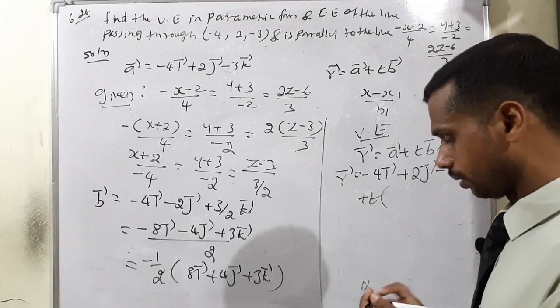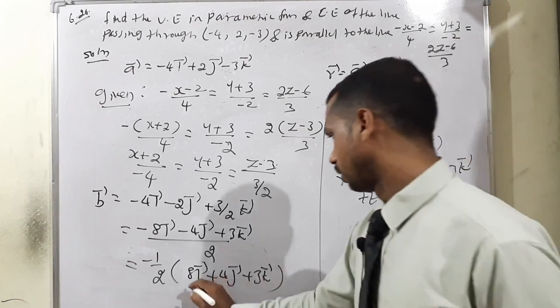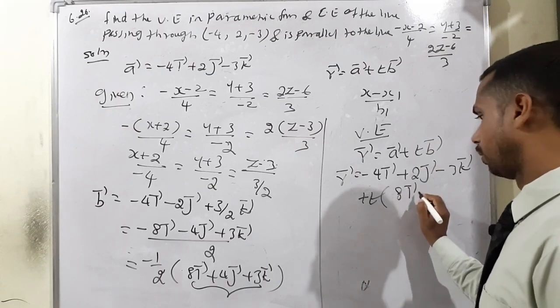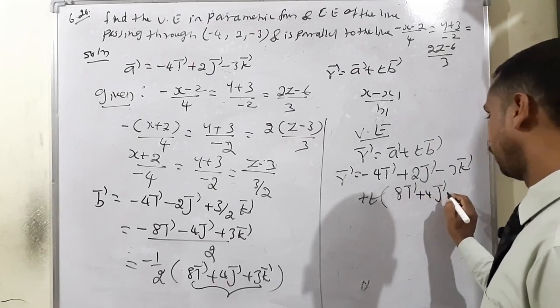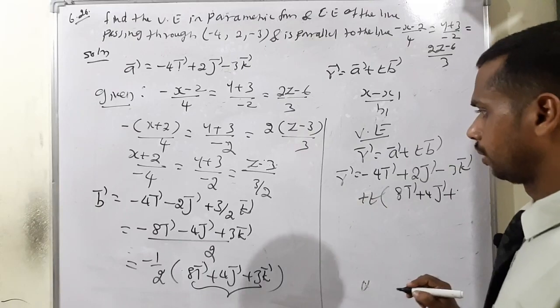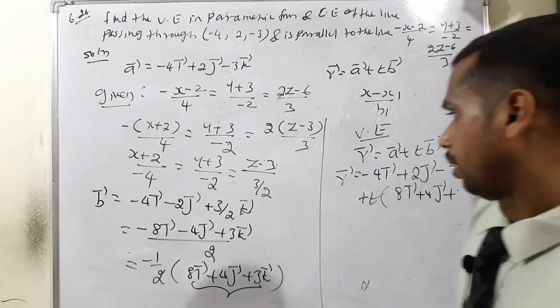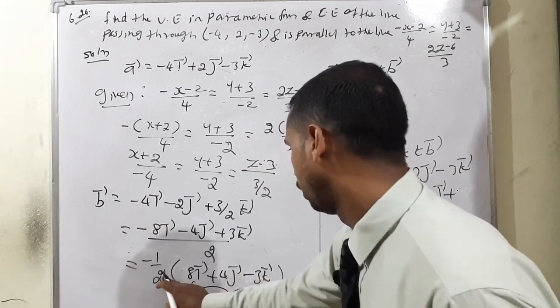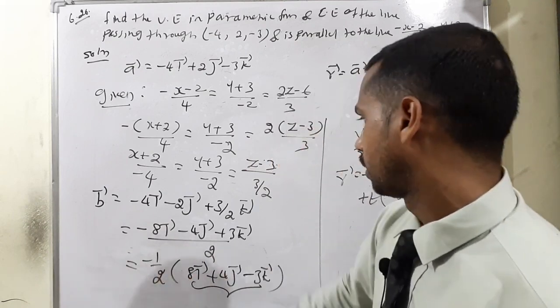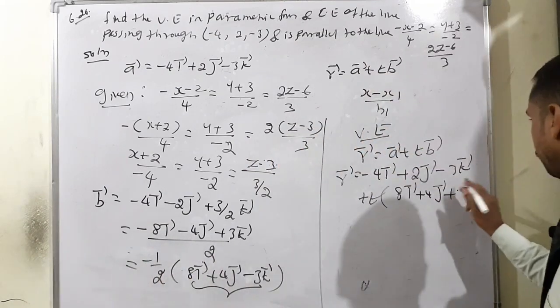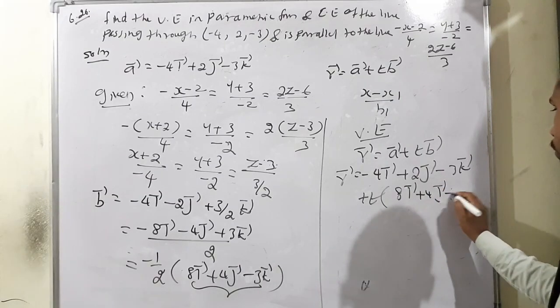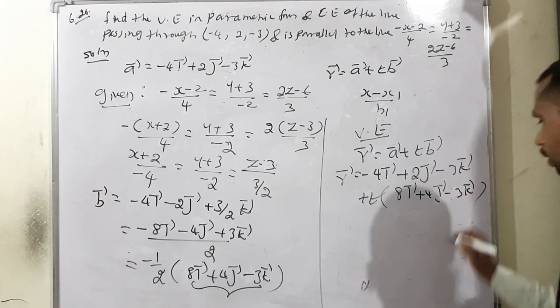What is the B vector? This whole term: 8i vector plus 4j vector. Sorry, my dear, taking minus common outside means a minus sign will come. Then if you remove the bracket, minus into minus gives plus 3k. So here there is a minus: minus t into (8i plus 4j minus 3k) vector.